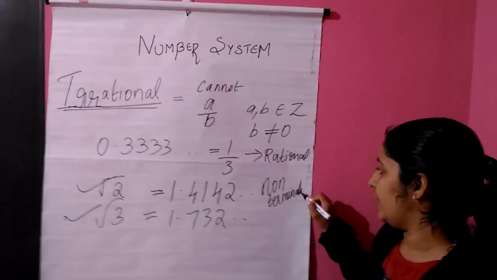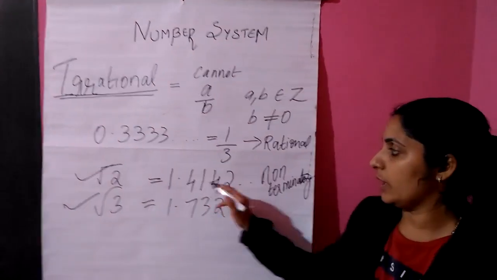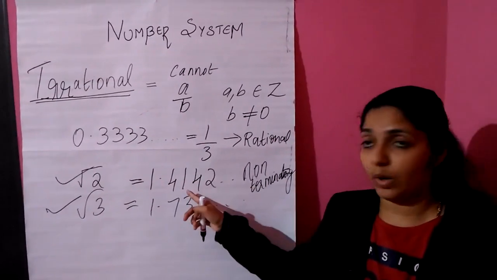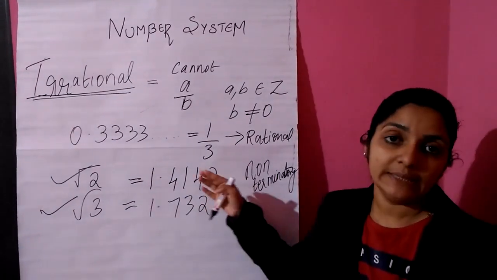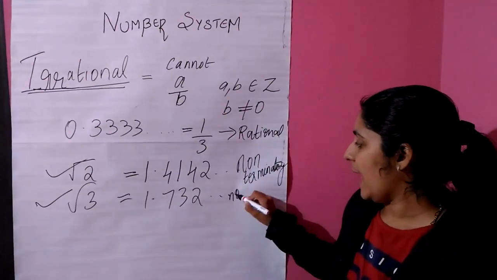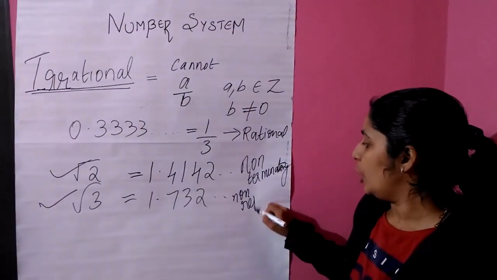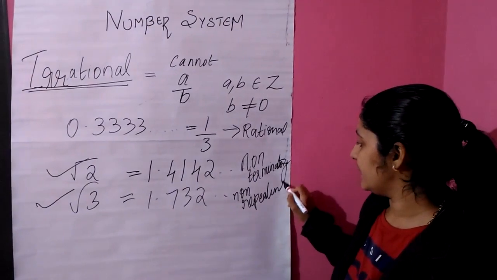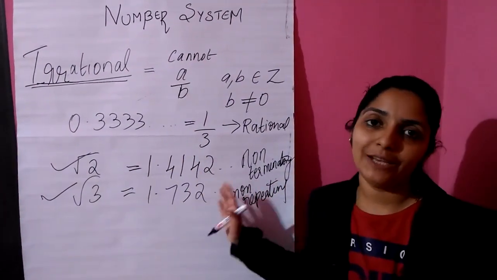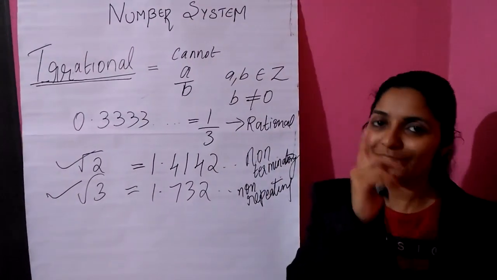So, this is non-terminating. Does the number repeat? Here 4, then comes 1, again 4, then again 2. The numbers are not repeated. So, non-terminating and non-repeating values are called irrational numbers.